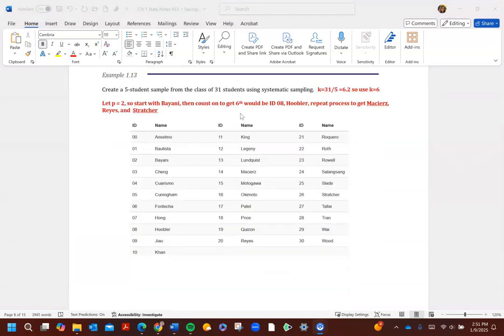Okay, so if we get Bayani for starting, then we count on 6 to get the 8th person, or ID of 08, which would be Hubler, and then repeat, skipping up 6 more to get Messiers, and then Rays, and then the last one would be Stracher.